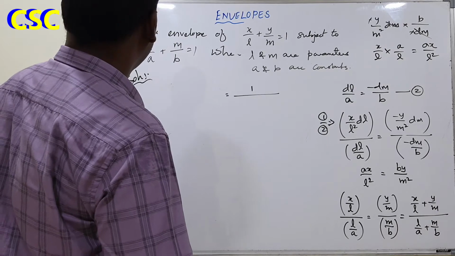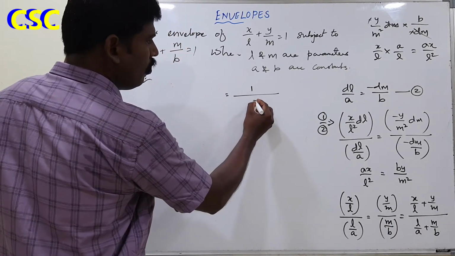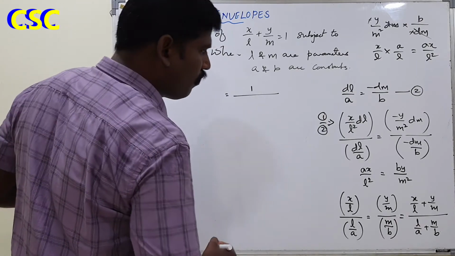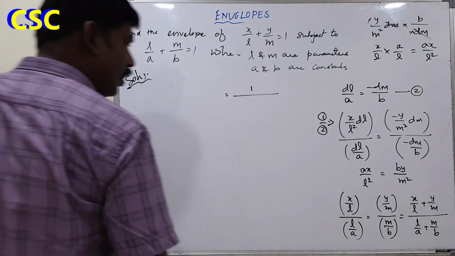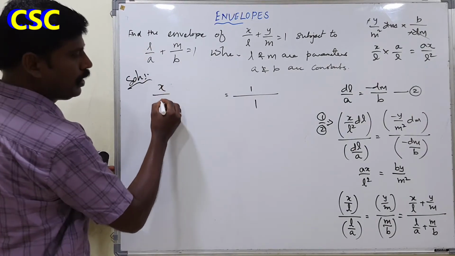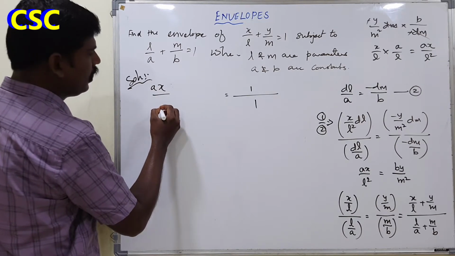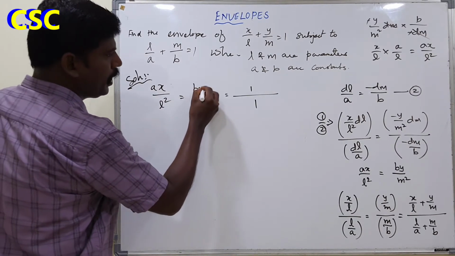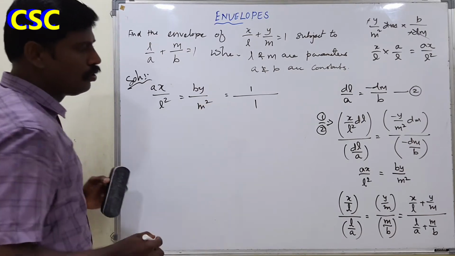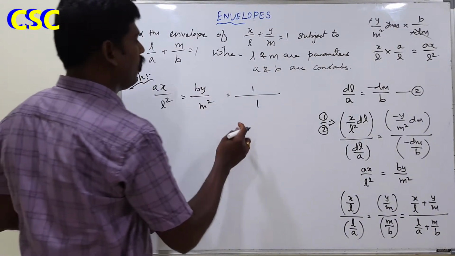L by A plus m by b. Is it right? Right, that is also the value of 1. That is the value of 1, isn't it? Right? So what is on the left hand side? I can once again rewrite it as ax by L square equal to by by m square is equal to 1, and also L by a plus m by b is the value of 1, right?